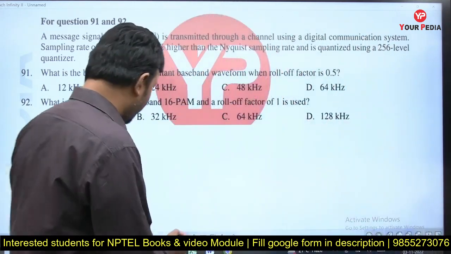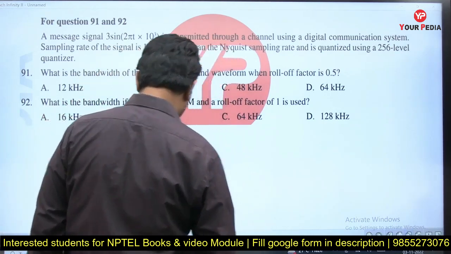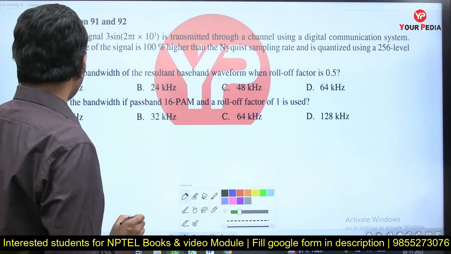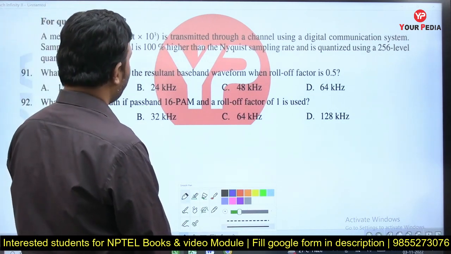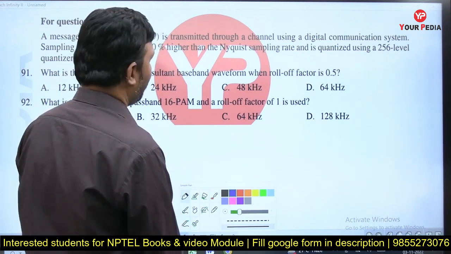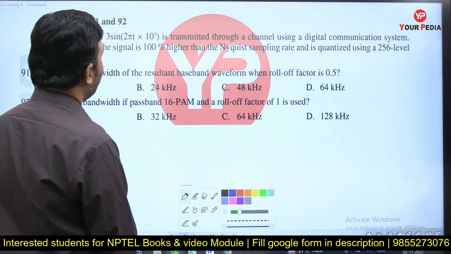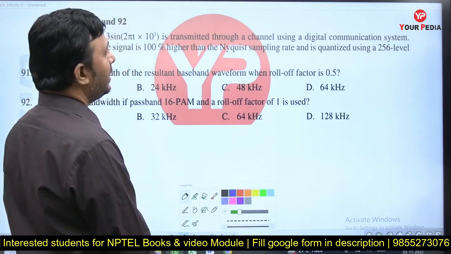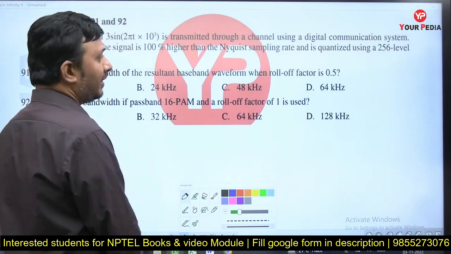Let us understand and try to solve the question. I'll read the question first. A message 3 sin 2 pi t into 10 power 3 is transmitted through a channel using a digital communication system. Sampling rate of the signal is 100% higher than the Nyquist rate and is quantized using a 256 level quantizer.